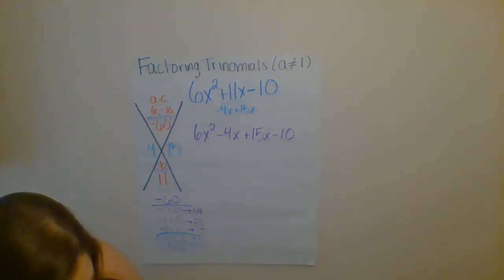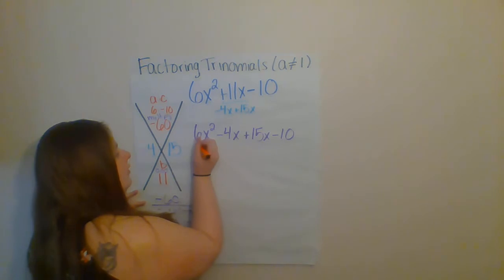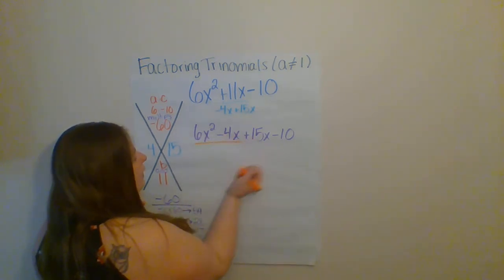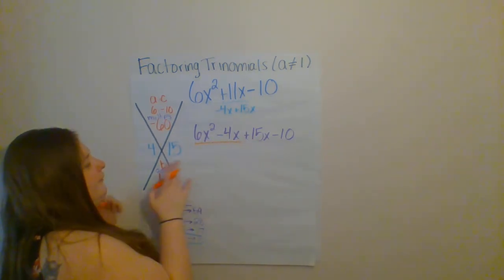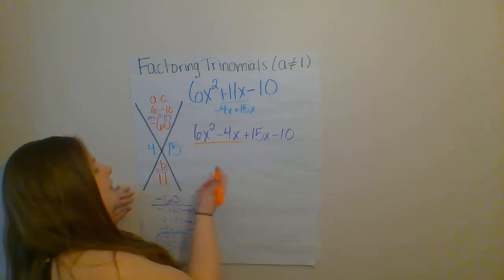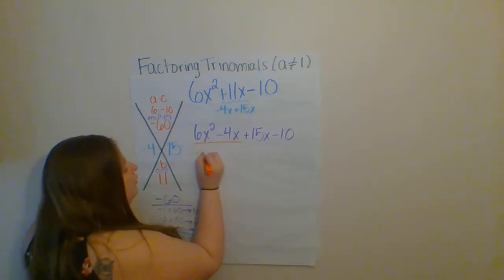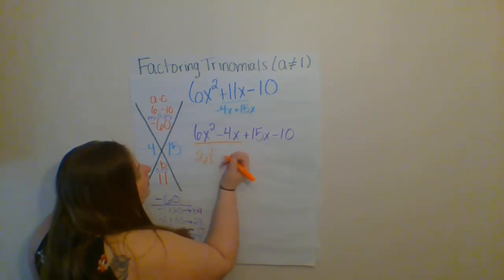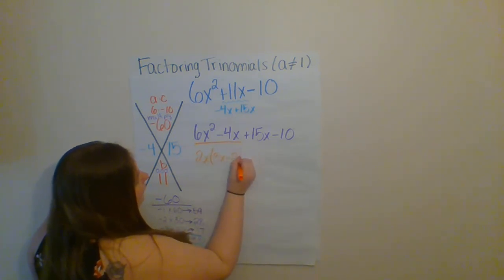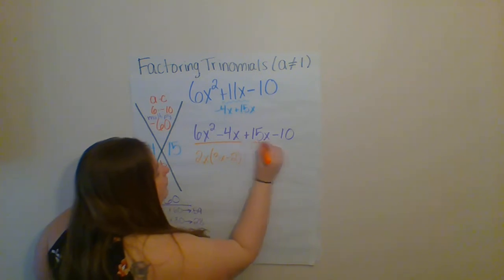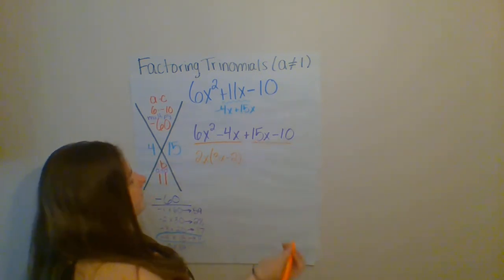Now, in here, we're going to factor by grouping. So our first group is 6x squared minus 4x. That is going to become 2x times 3x minus 2. Our second group, we have 15x minus 10.